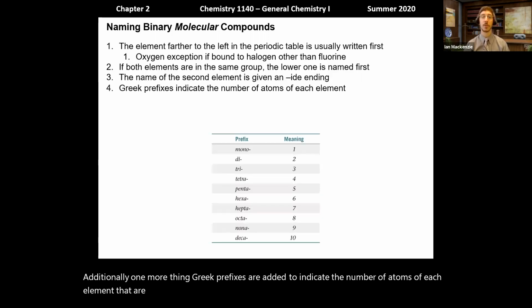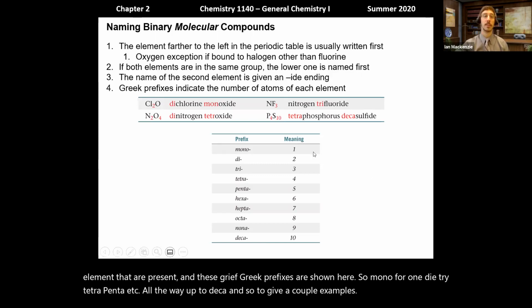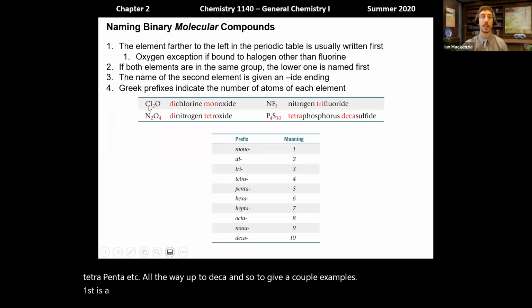And these Greek prefixes are shown here. So mono for one, di, tri, tetra, penta, etc., all the way up to deca. And so to give a couple examples, first is a compound that's got chlorine and oxygen. Now this fits our exception for rule number 1. Oxygen bound to a halogen other than fluorine.